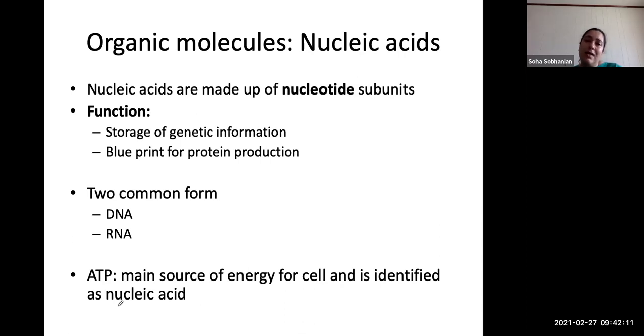It is because it tells me how to make proteins. It's not important that it comes from my parents. The main reason nucleic acid is essential for us is that it gives us the direction of how to make proteins.